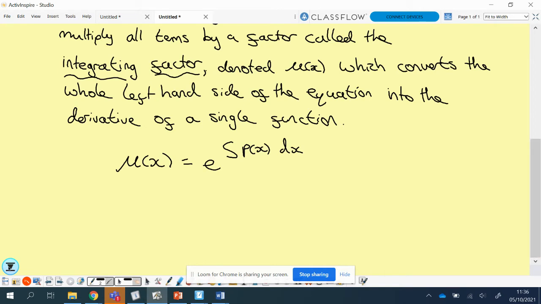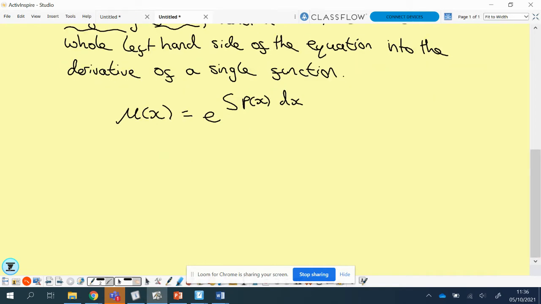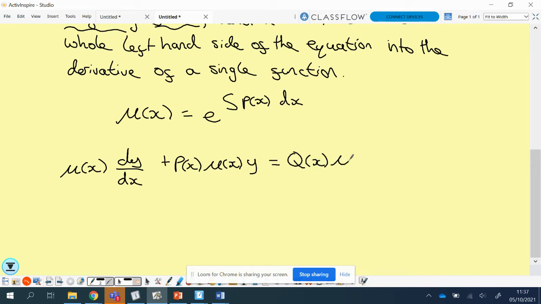Okay, so once we get our integrating factor mu of x, then we multiply everything by mu of x. So mu of x dy by dx plus p of x mu of x y equals q of x mu of x.